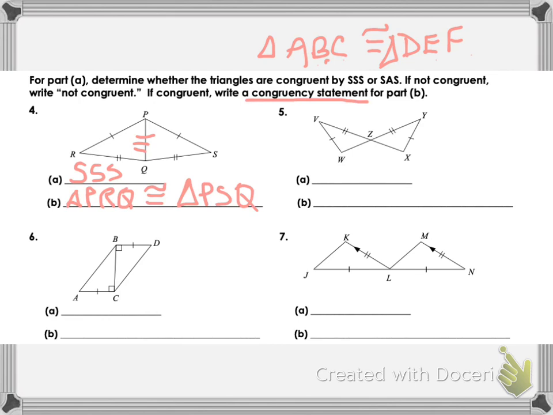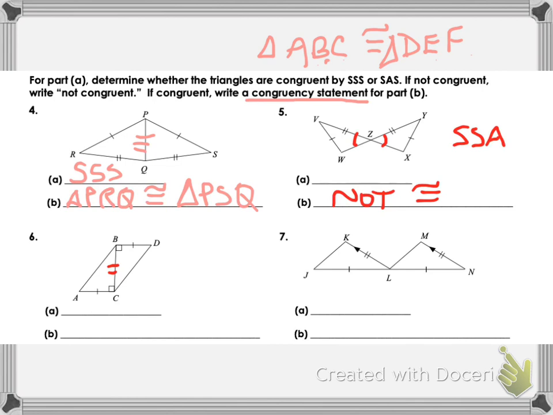Okay, let's take a look at number 5. I see some vertical angles here and here. We don't have any other information, so what I'm seeing here is the side-side-angle situation, and we cannot prove that those are congruent. Number 6, they're sharing a side again, so I mark that.